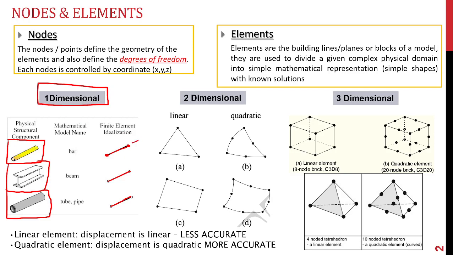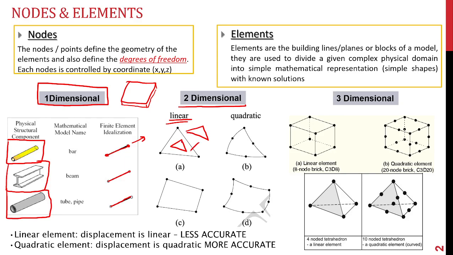Kerana dia punya motion dia one direction only. However, kalau kamu ada macam plates yang ada thickness, you can use two dimensional element. So this one, the deflection again ada 2D lah. And then kamu boleh pakai linear punya ataupun quadratic punya element. Quadratic deflection dia quadratic lah kan. Kalau linear ni deflect macam mana pun dia macam tu juga, linear juga.